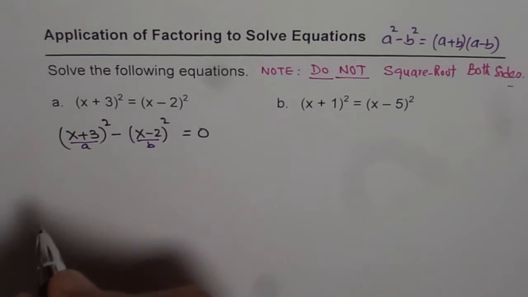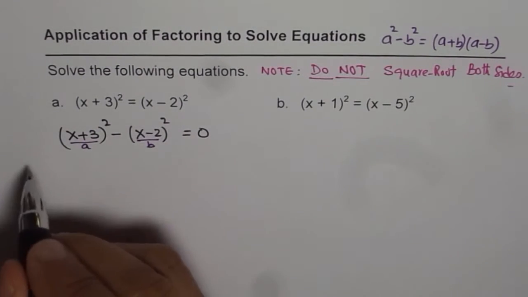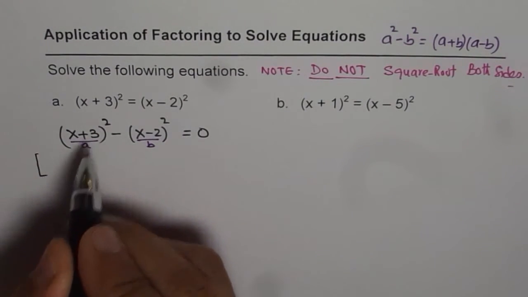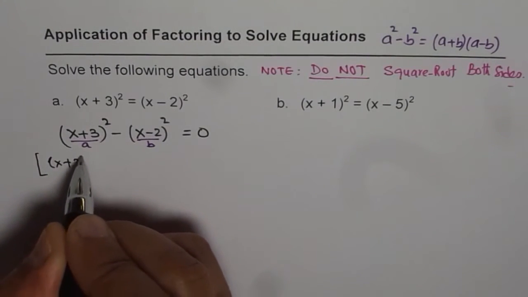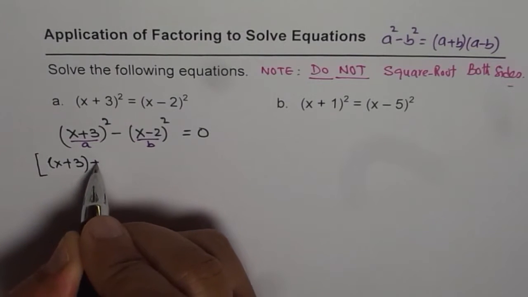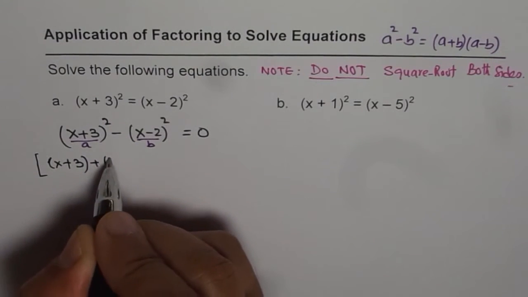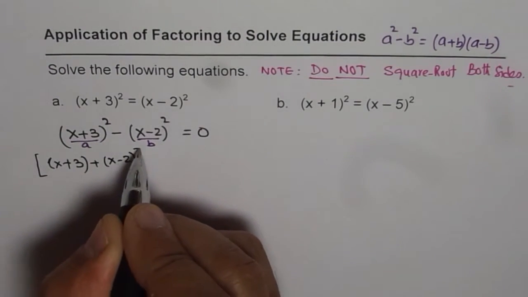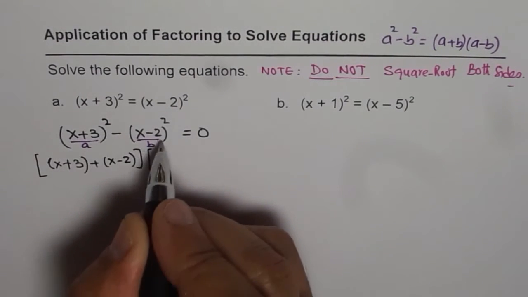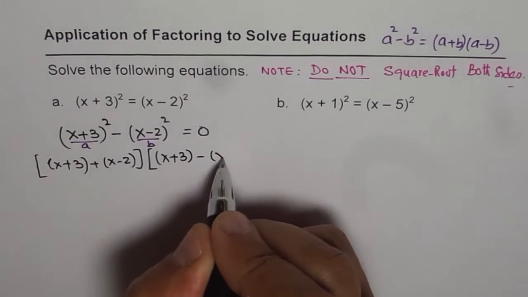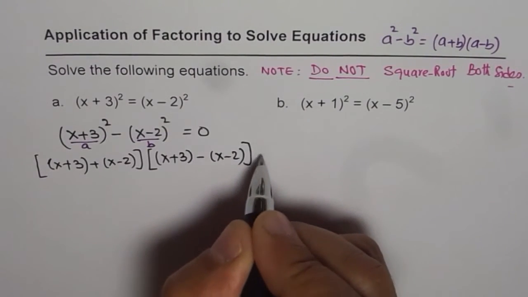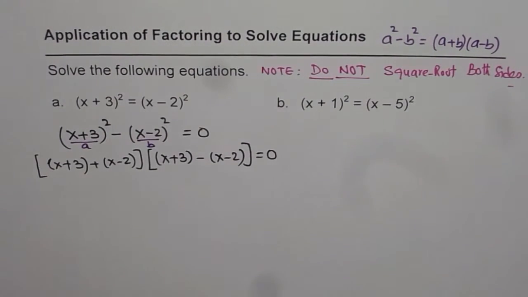So we can write this as (a + b), let me put square brackets. A is x + 3, right? So we have, let me write, [x + 3 + x − 2] times (a − b), which is [x + 3 − (x − 2)], right? This is equal to 0.